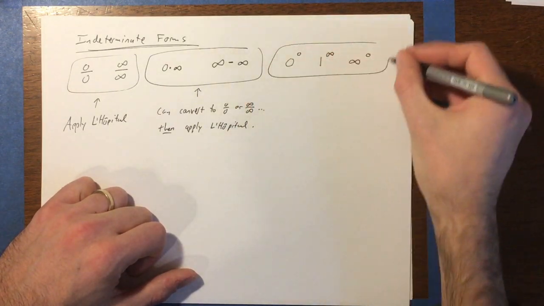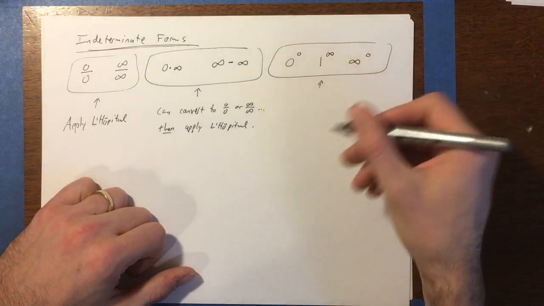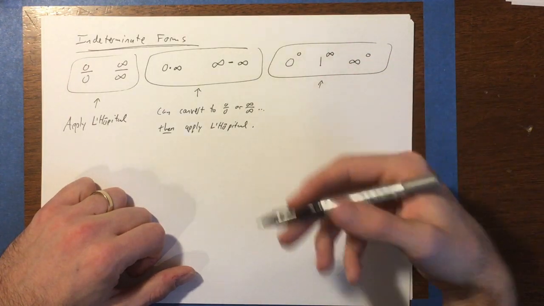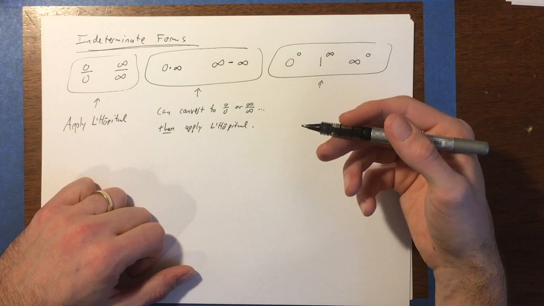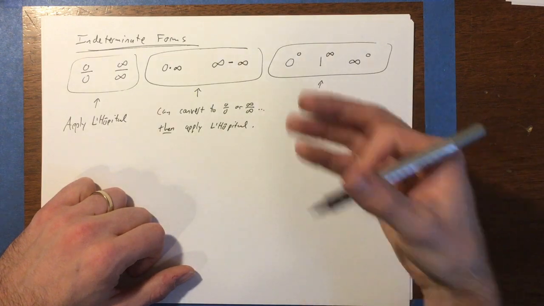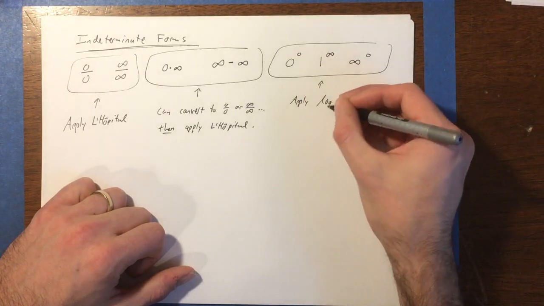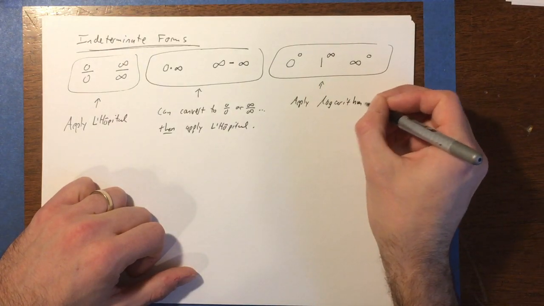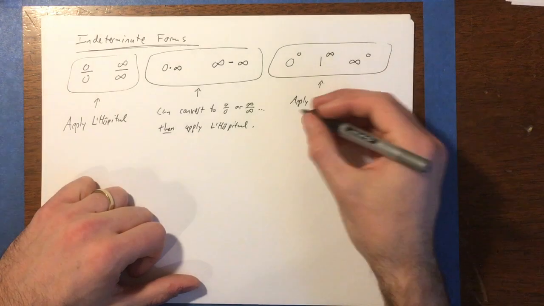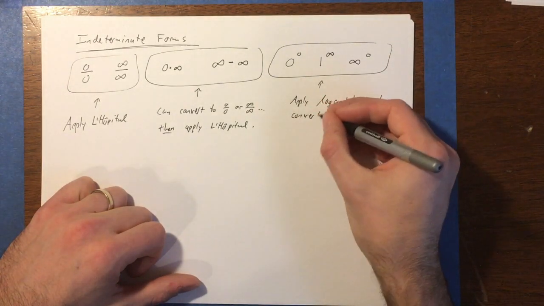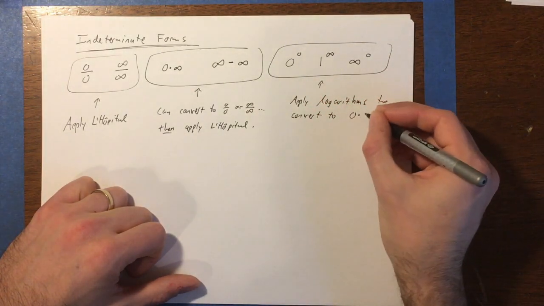For those, you can approach them the same way that we approached logarithmic differentiation, by starting by applying logarithms, usually to convert to 0 times infinity.